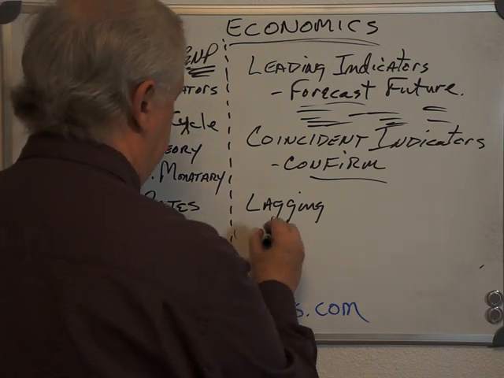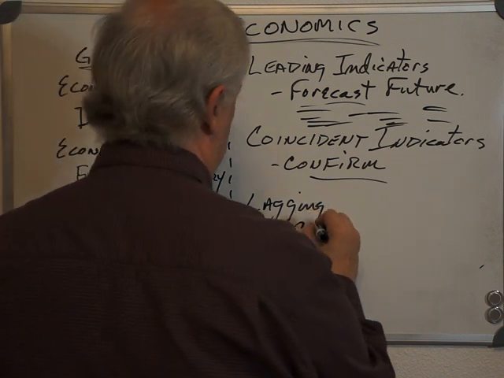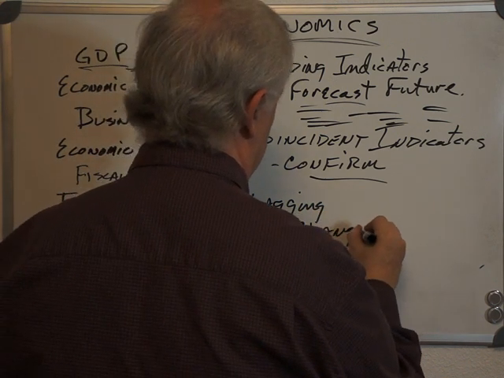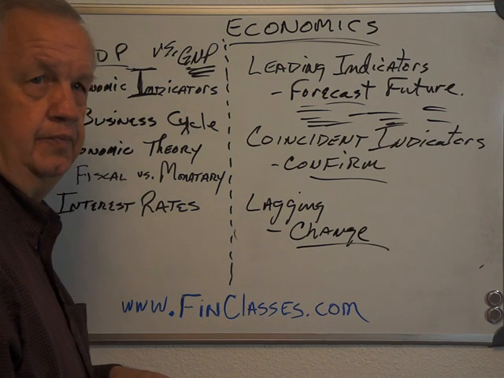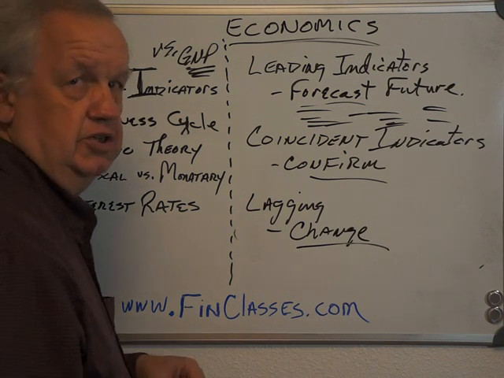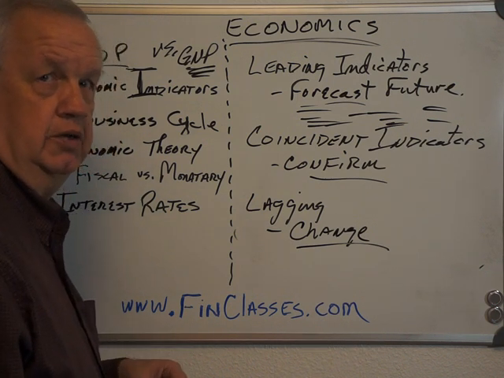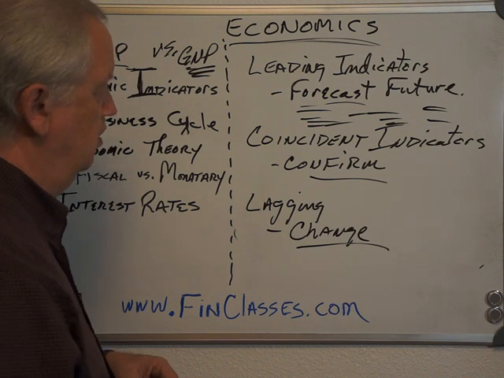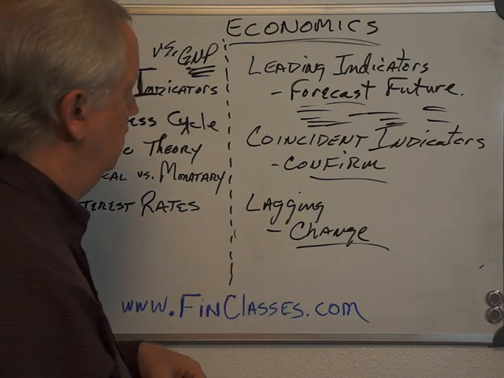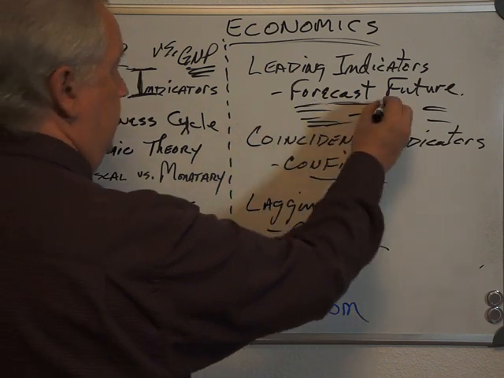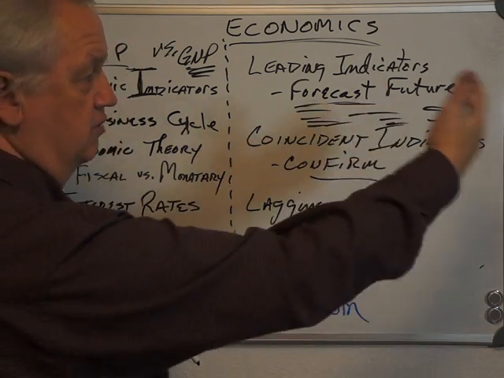Lagging indicators change. Something in the future is going to change. It's going to go in a certain way. If these all stay the same, then no, there isn't any. We go for forecasting to find out what's going to happen in the future.